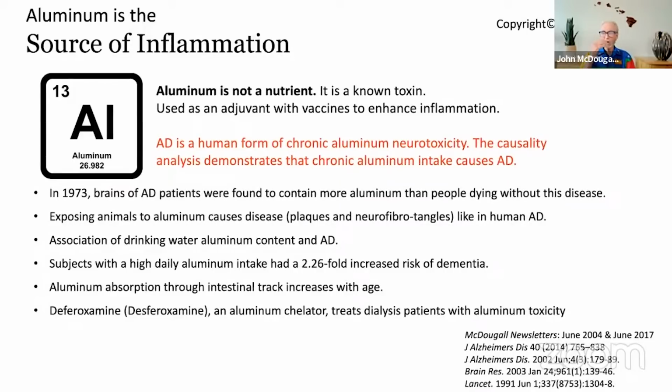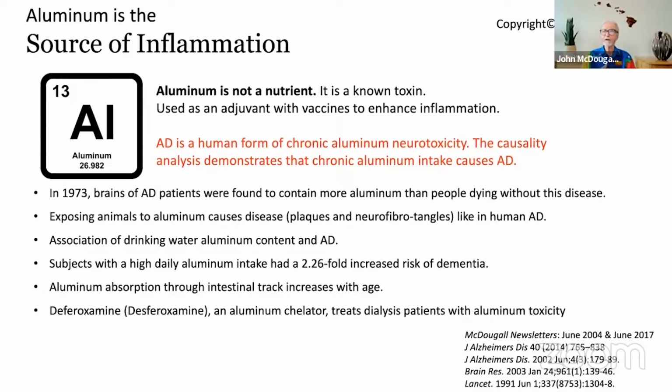All right, so let's talk about the aluminum, which you have to have. Come on now, you have to have it to have the senile plaque. You have to have the senile plaque to diagnose Alzheimer's. So let's talk about the aluminum. Aluminum is not a nutrient. In other words, you have no requirement for it, like you do for copper or iron. It's a known toxin.